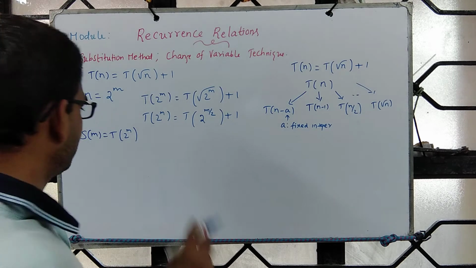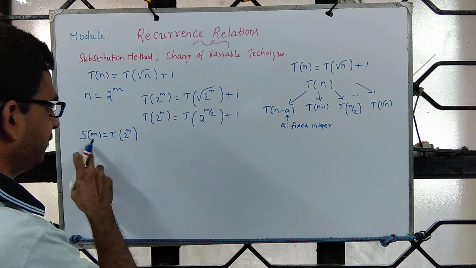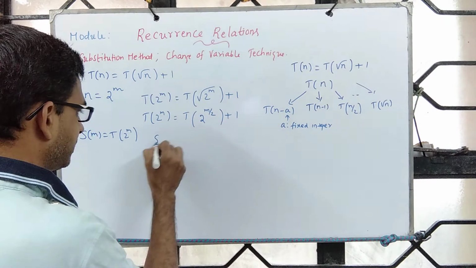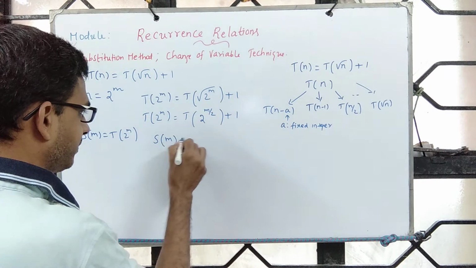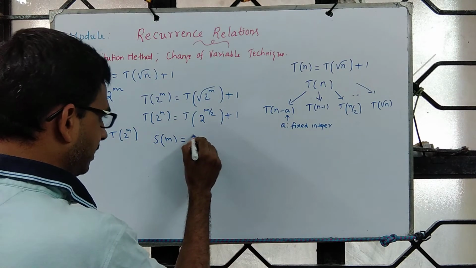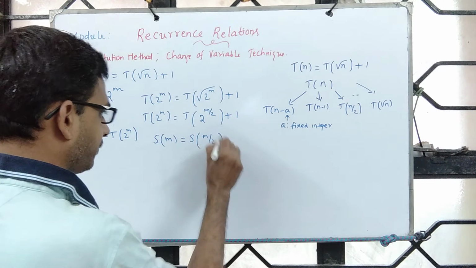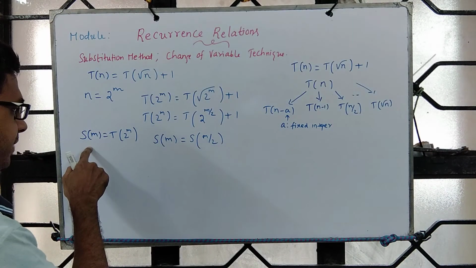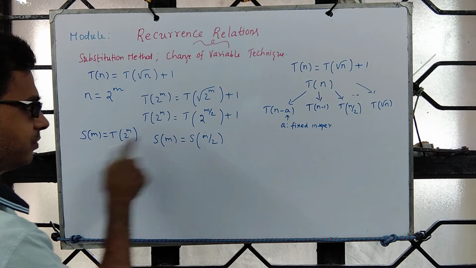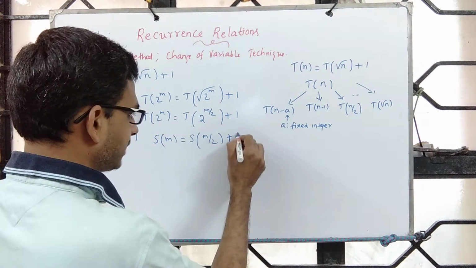That's all we are doing. So 2 power m with respect to t maps to m with respect to s. So which means if 2 power m is mapped to m, then 2 power m by 2 is mapped to m by 2. Correct? S of m by 2 is t of 2 power m by 2. So t of 2 power m by 2 is s of m by 2 plus 1.